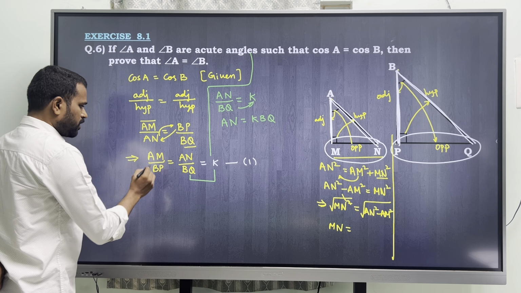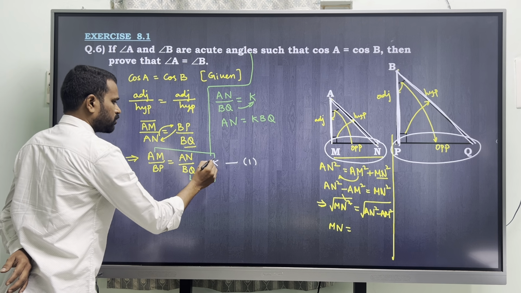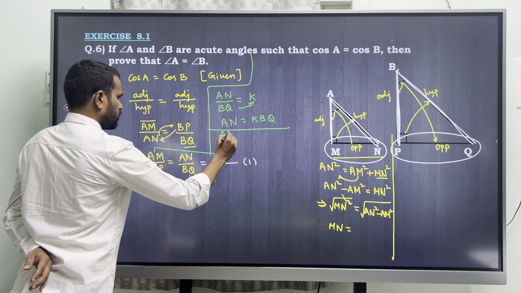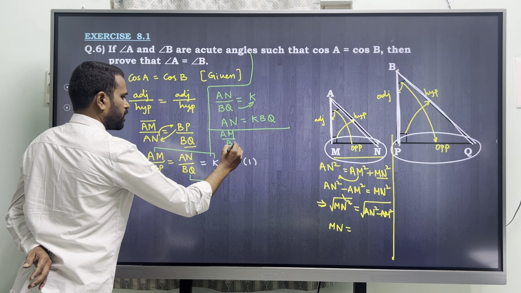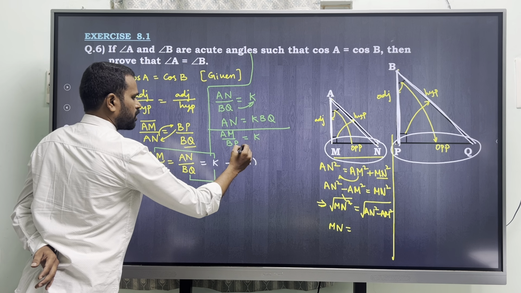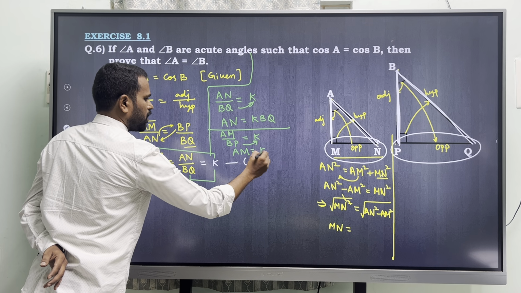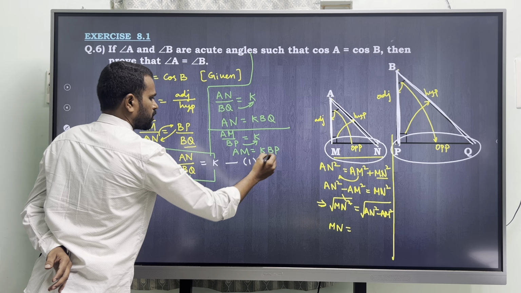In a similar way, take these two, AM by BP is equal to K. So send this side, AM equal to K BP.